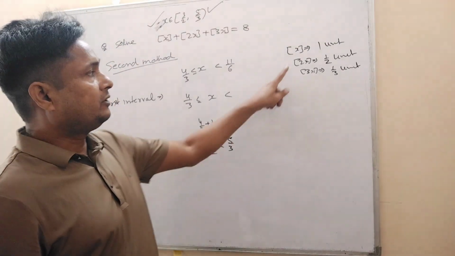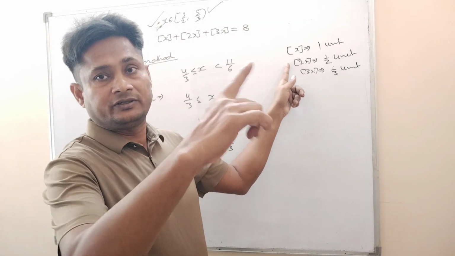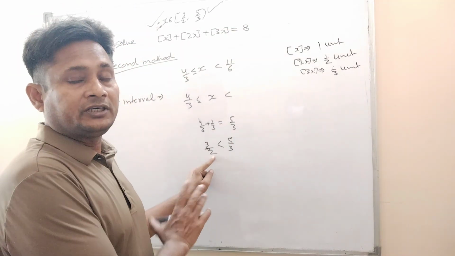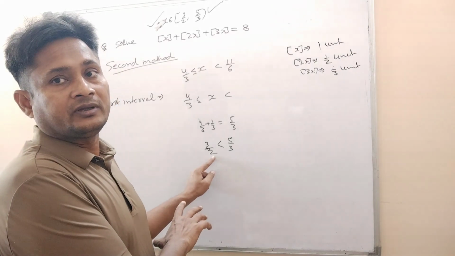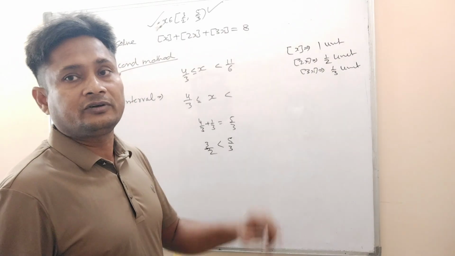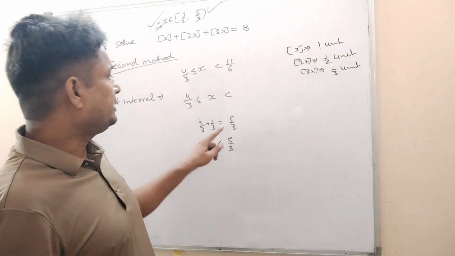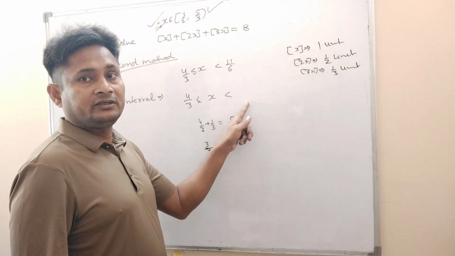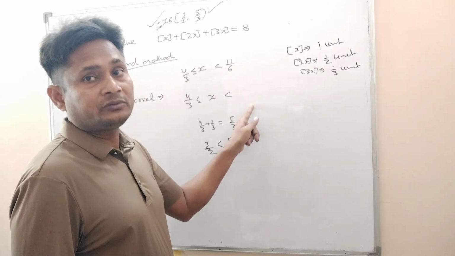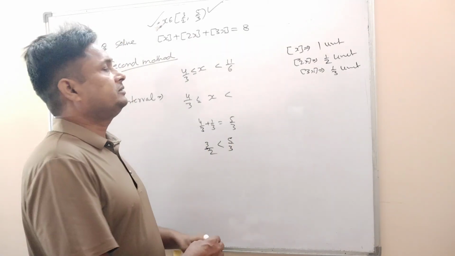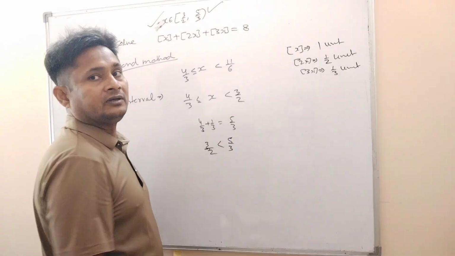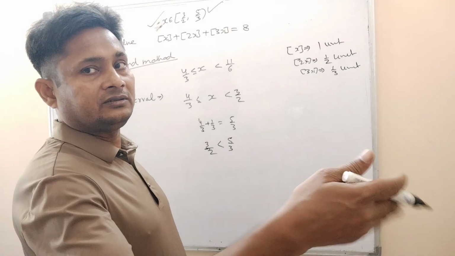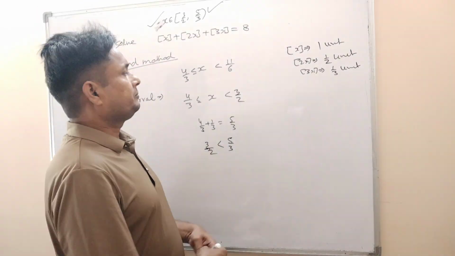That means for greatest integer of 2x, before 3 by 2 it will give you 2, and after 3 by 2 it will give you 3. So if you add 1 by 3, it comes to 5 by 3, which exceeds the value of 3 by 2. So before that we are taking 3 by 2, and after that 3 by 2 to 5 by 3, and next interval you can take the next length.